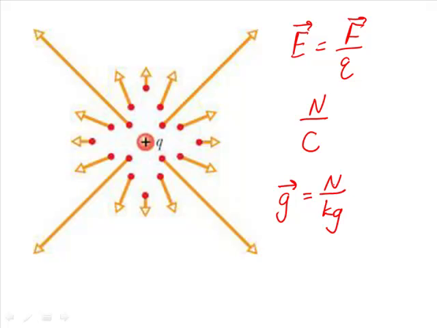Now it happens that a newton is a kilogram meter per second squared, so a newton per kilogram is also the same as a meter per second squared. But when we're thinking of it as a gravitational field, it's often useful to think of it as a newton per kilogram. It's something that causes a force when we put a mass there.